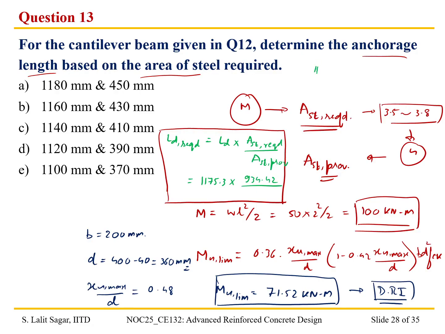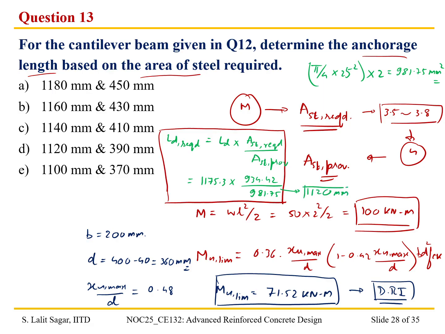That is 2 bars of 25 mm diameter. That is pi by 4 into 25 square multiplied by 2. That is 981.75. So which gives me a value of 1119, or you can round it off to 1120.